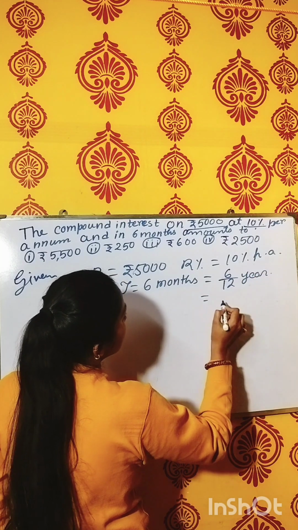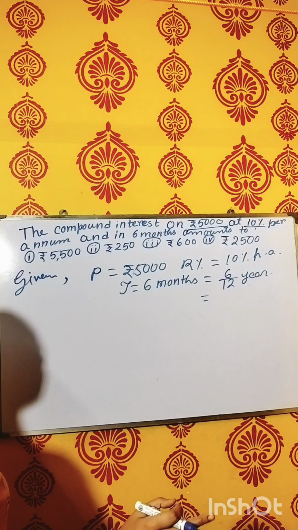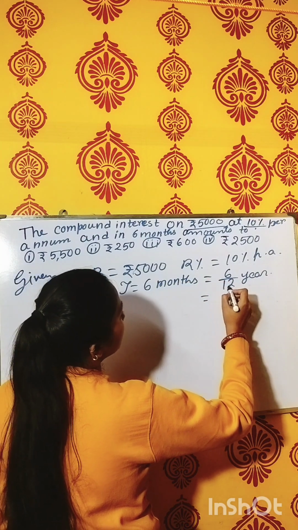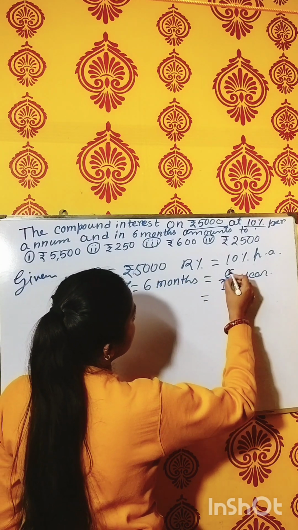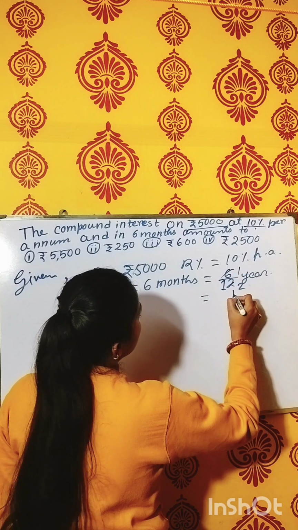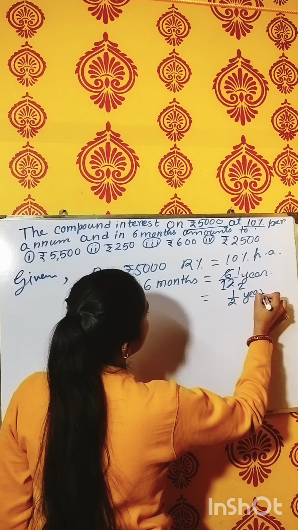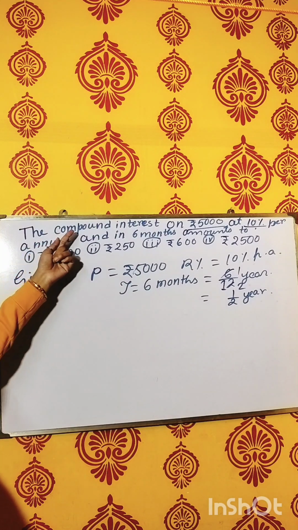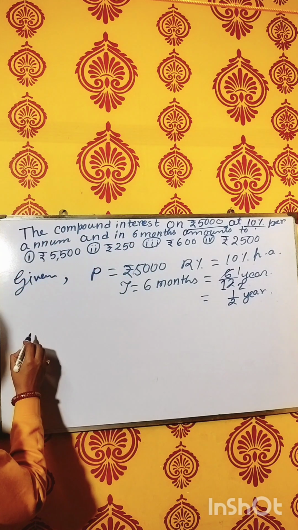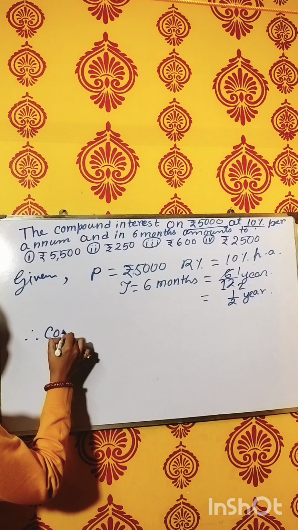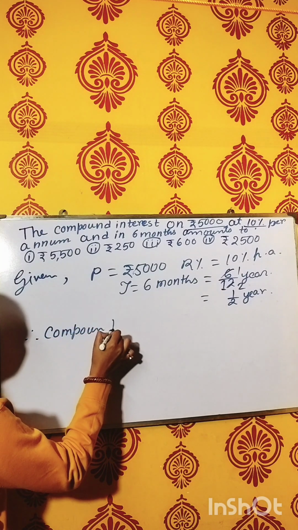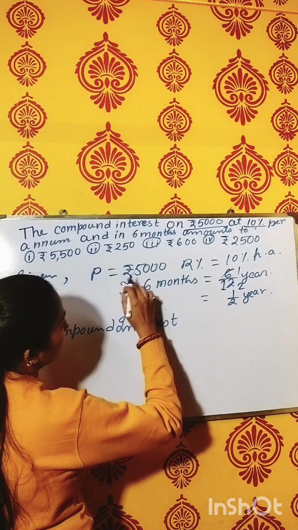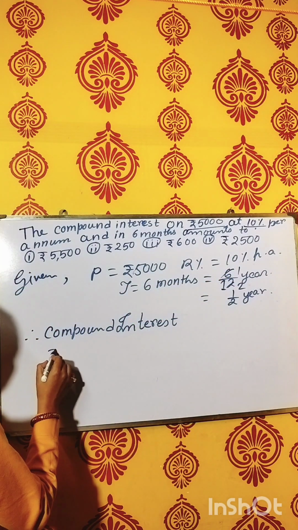As 1 year is equal to 12 months, that's why we divide these 6 months by 12 to convert it into years. That means time is equal to 1 by 2 years. Now we have to find the compound interest.